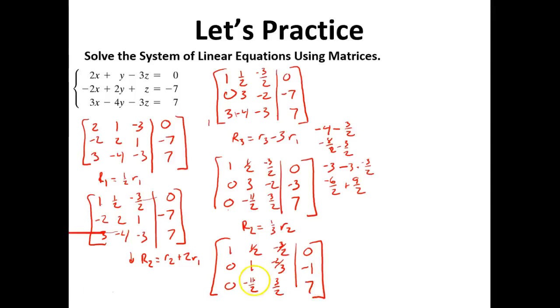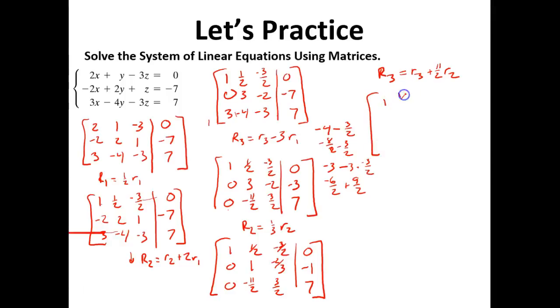Next thing I'm focusing on, I've got this a 1. I'm going to focus on getting zeros below it. To do that, I'm going to have to replace row 3 with row 3 plus 11 halves of this right here. So that's 11 halves of row 2. So row 1, not changing.